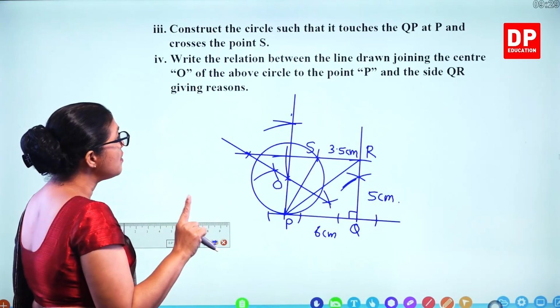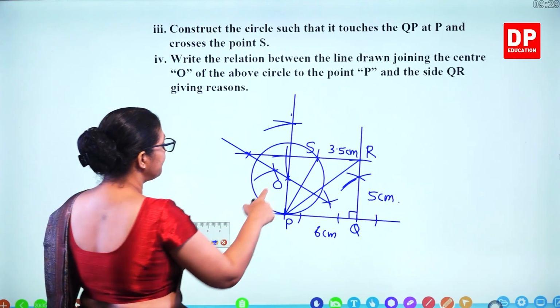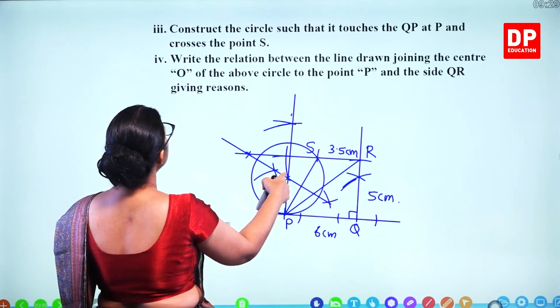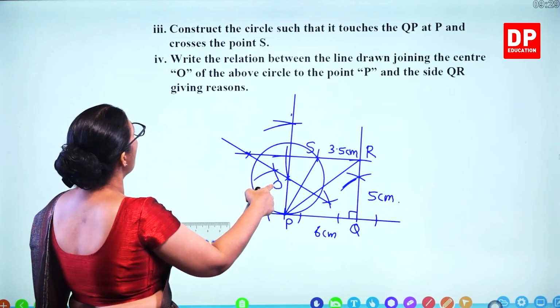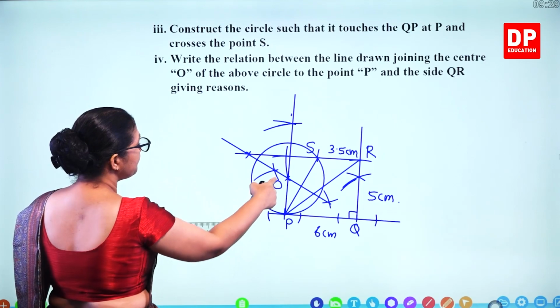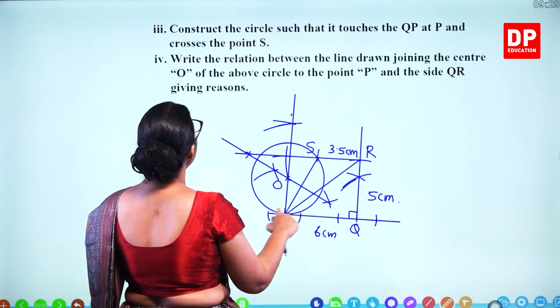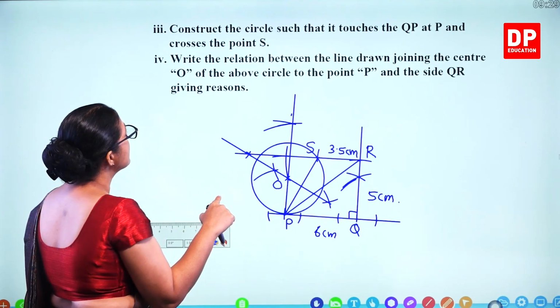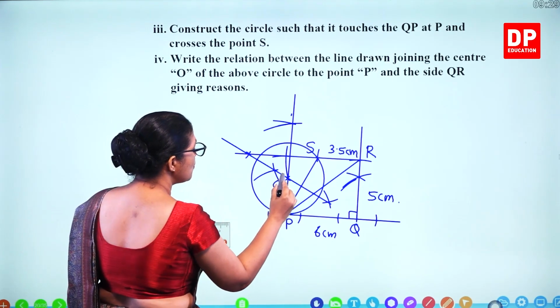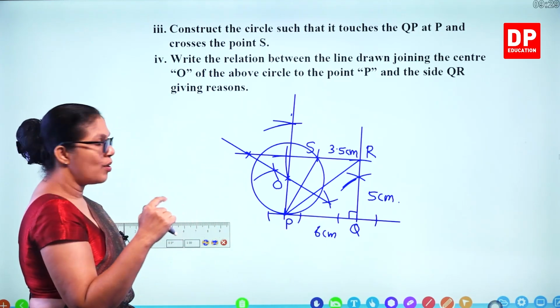Right, the relation between the line drawn joining the center O of the above circle to the point P, this line, and the side QR, giving reasons. So what's the relationship between the line OP and PQ?